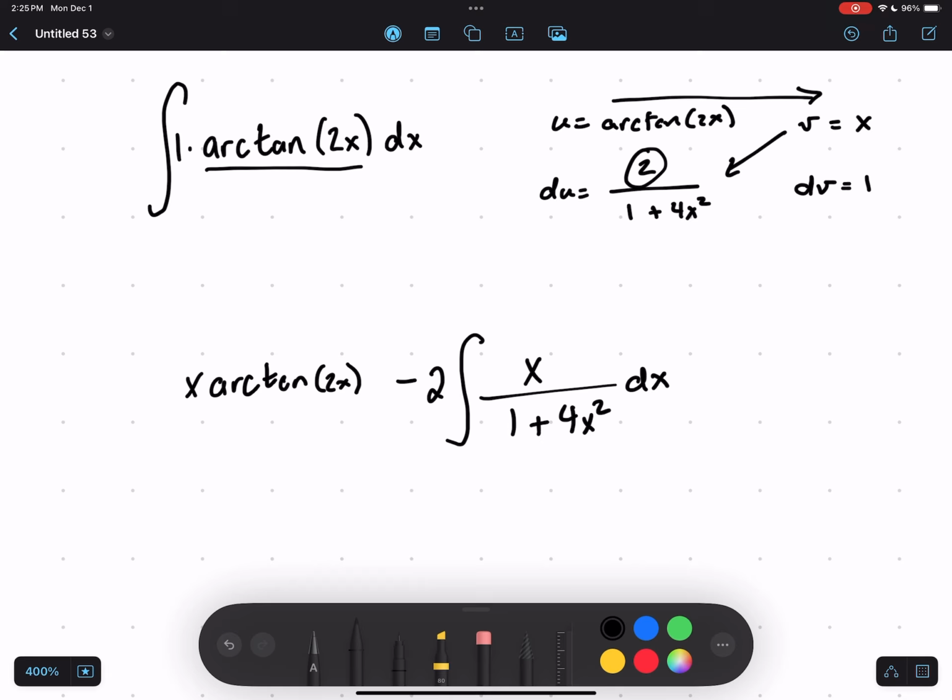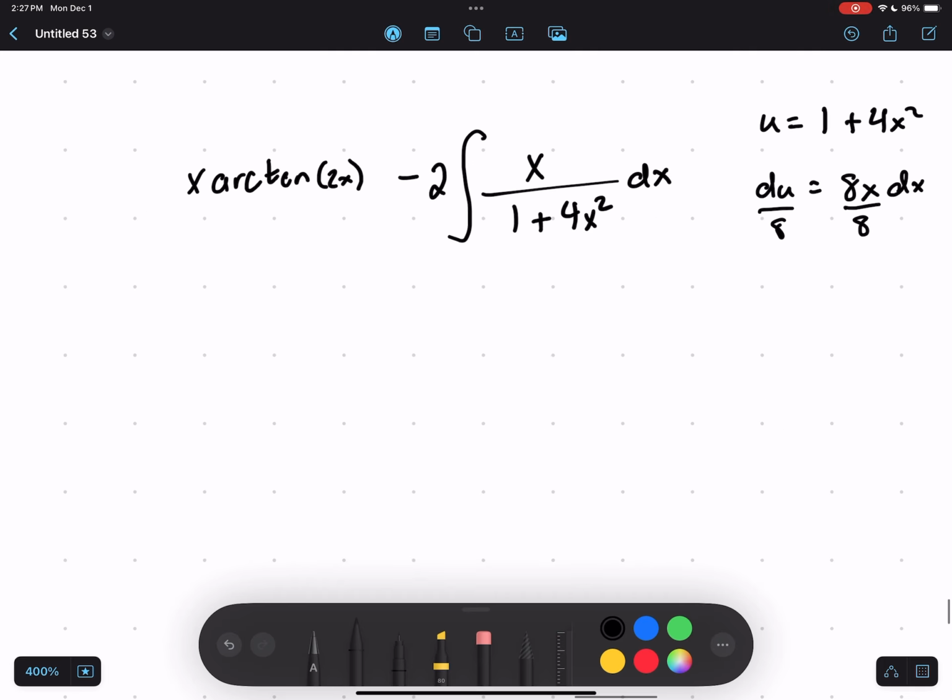And to do this u sub, we'll set u equal to 1 plus 4x squared, and du in this case will just be 8x. And because we have an x up top here, we can go ahead and divide the 8 there, and that will allow us to end up with x dx for our du.